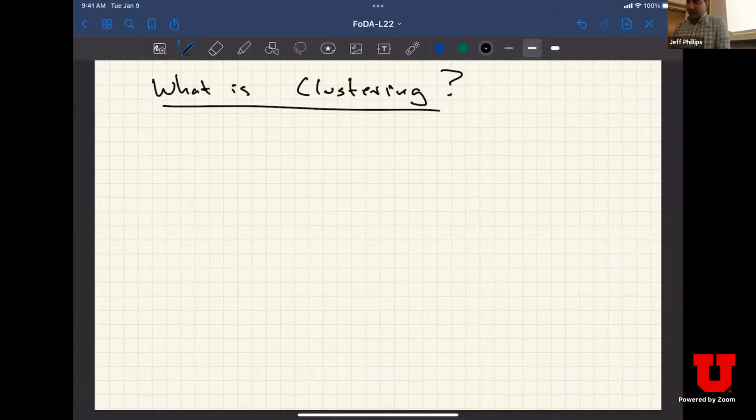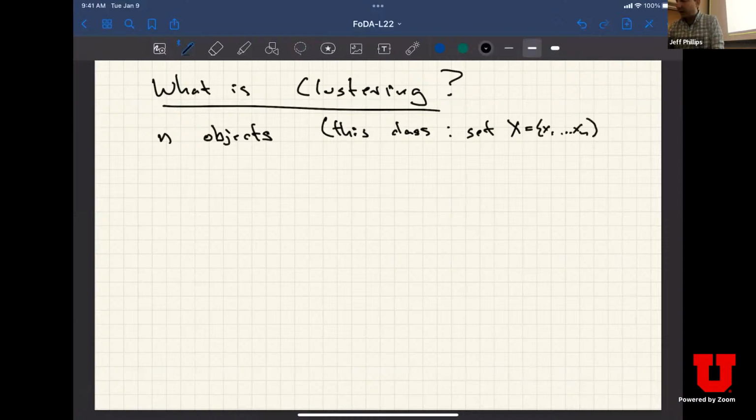We're going to have n objects, and in this class we're going to say this is a set X, which we can think of as X1 up to Xn, and this is a subset of R^d.